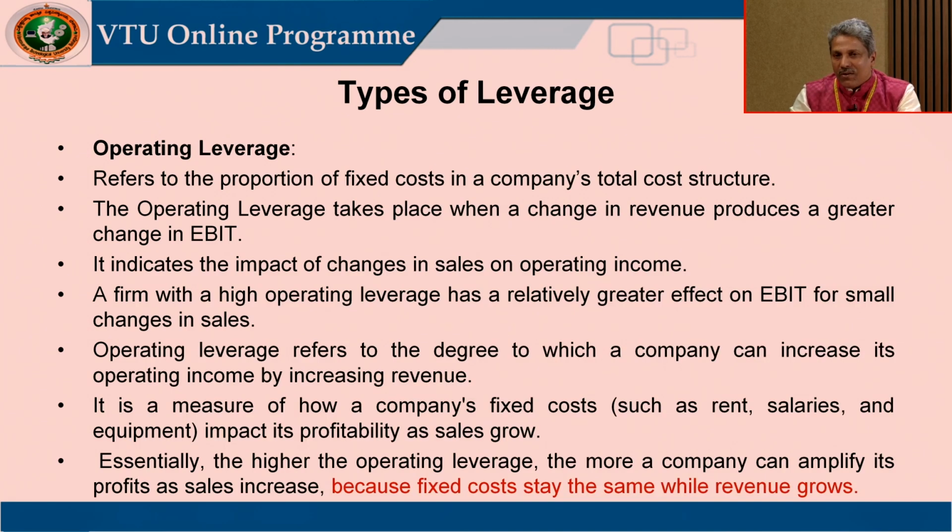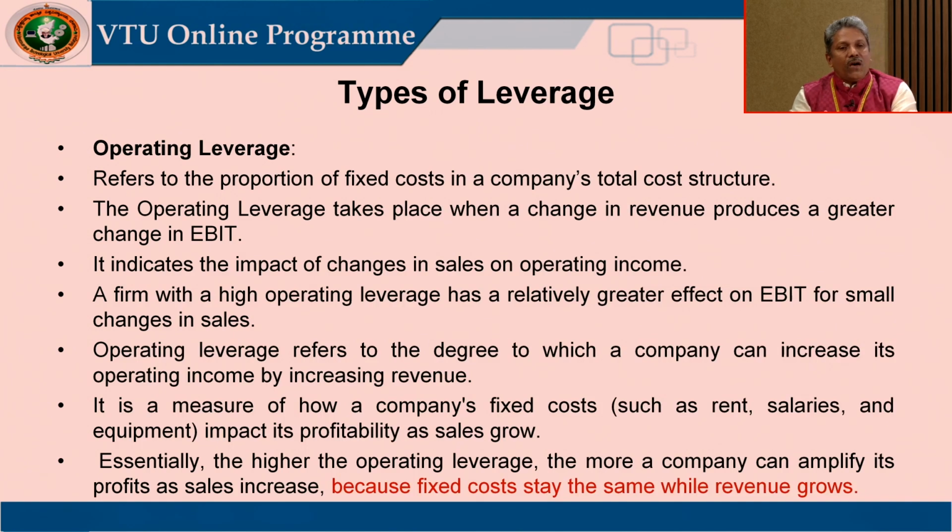So, in our example, whether 25 units are produced and sold or 100 units are sold, the total fixed cost remains the same. There is no change in fixed cost, but because of that, when there is a small increase in sales revenue, there will be a more than proportional increase in earnings.